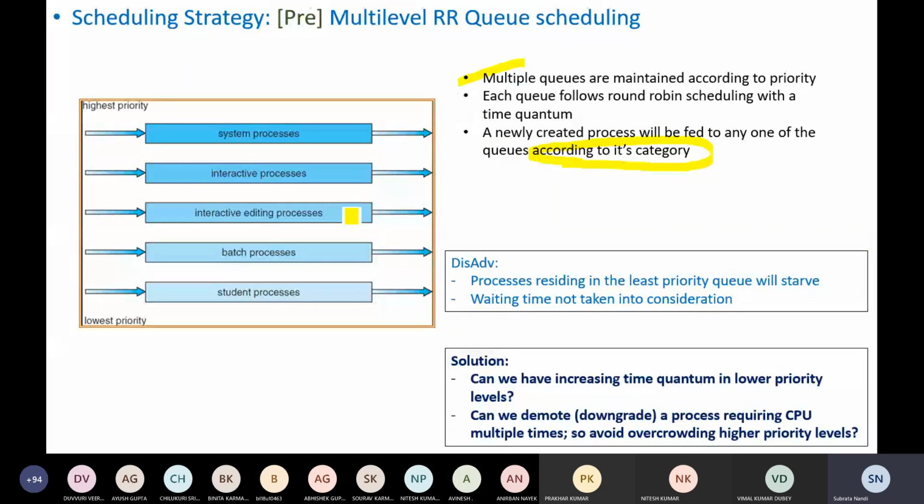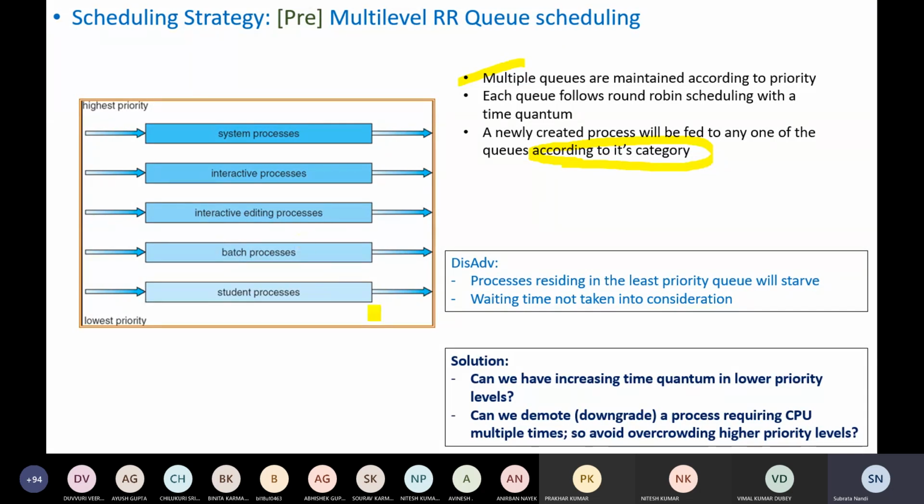If I give higher priority to these interactive processes, we can have a better throughput or at least a better response time. That is the strategy. The categorization of processes is pretty intuitive, and assigning priorities to the different process levels is also intuitive, so that it maximizes the throughput or reduces the response time.